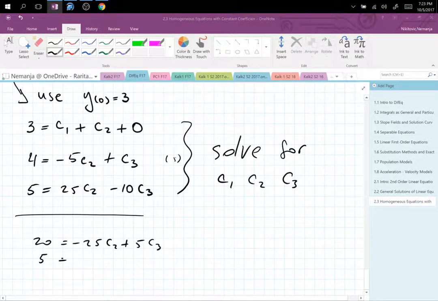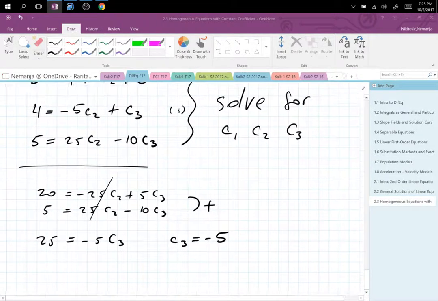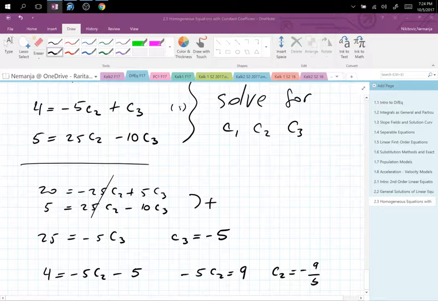Leave the bottom one the same, which is 25 c2 minus 10 c3. And now when you add equations, you get 25 is equal, these guys die, negative 5 c3, so c3 is negative 5. And then 4 equals negative 5 c2 minus 5. So negative 5 c2 is equal to 9. c2 equals negative 9 over 5.